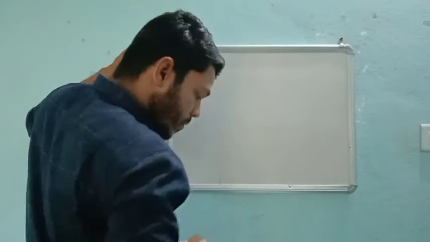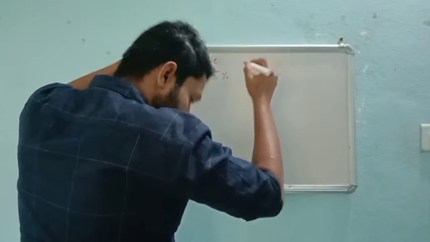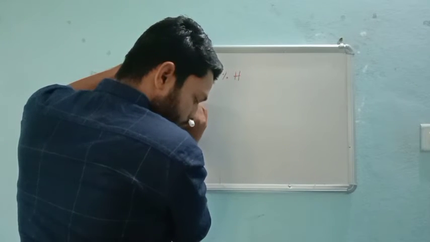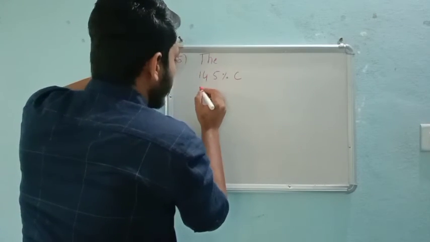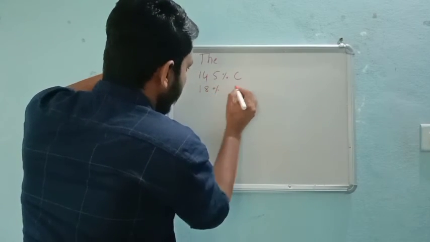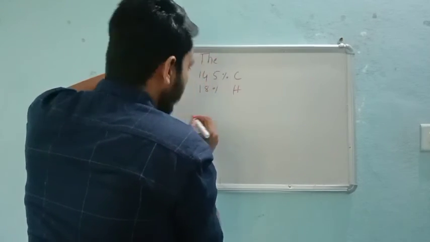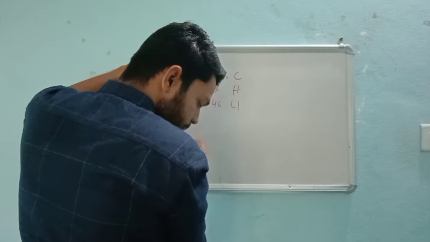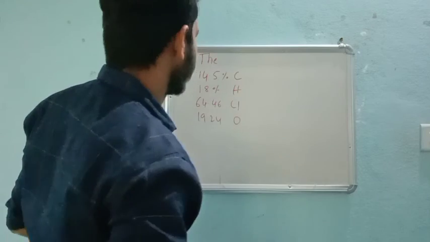There was a carbon compound containing 14.5% carbon, 1.8% hydrogen, 64.46% chlorine, and 19.24% oxygen.